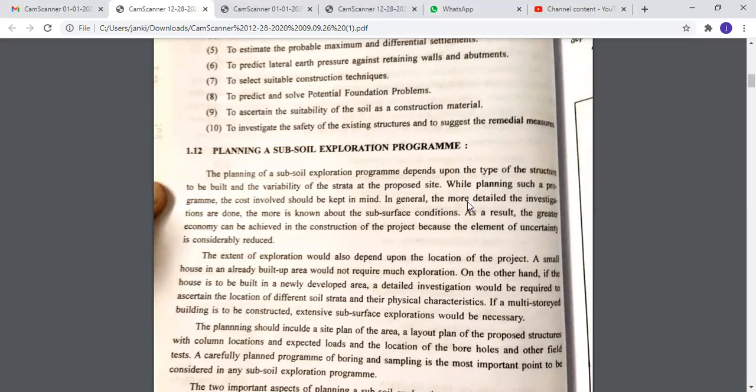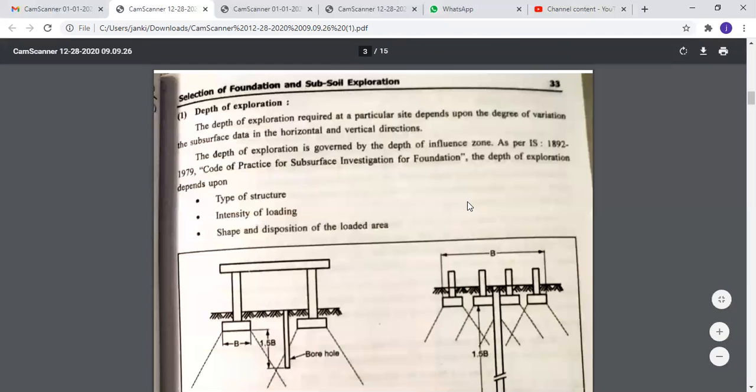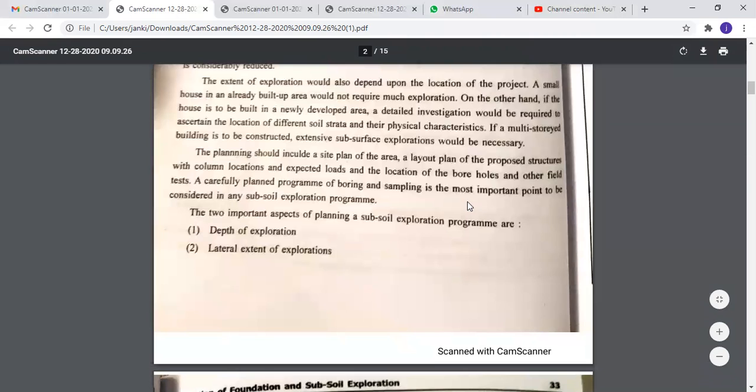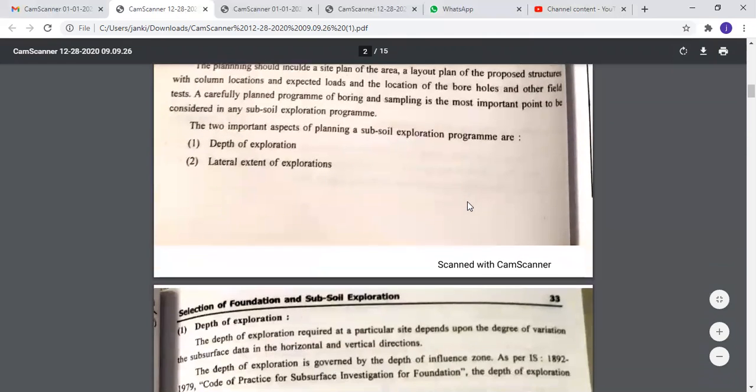There are two main aspects while planning subsoil exploration. The first one is the depth of exploration, and the second one is the lateral extent of exploration, right?